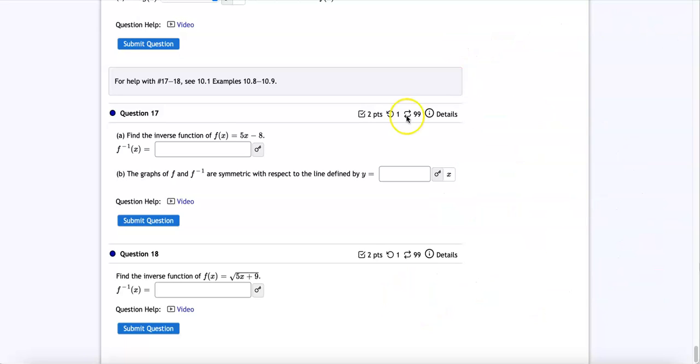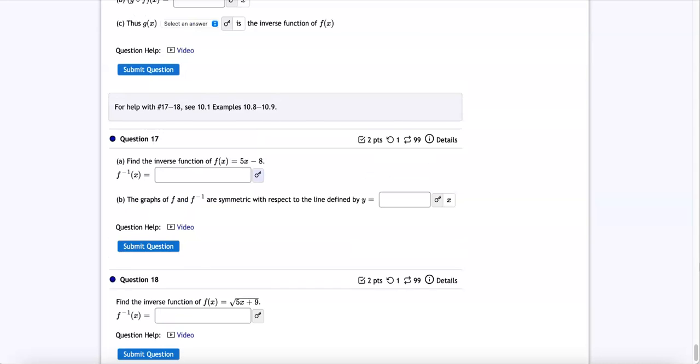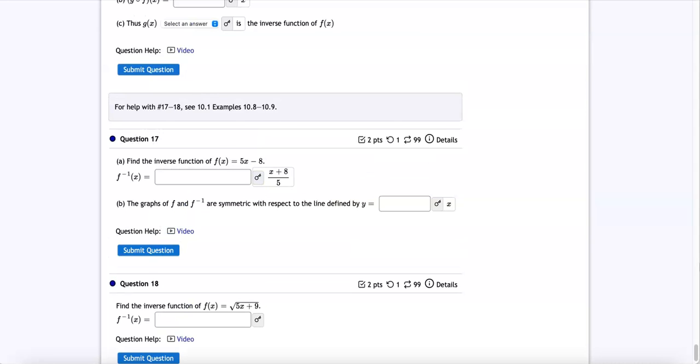And that's what you see right here in the answer key.